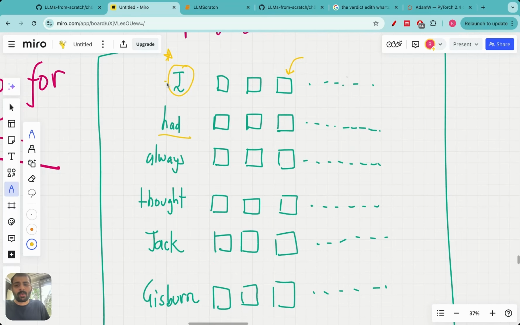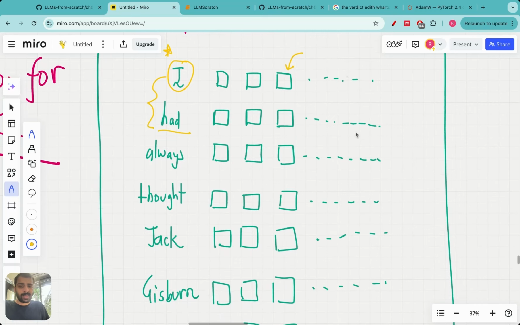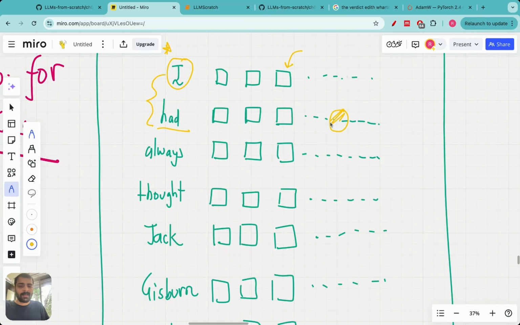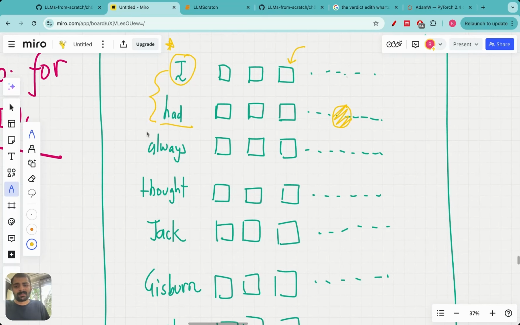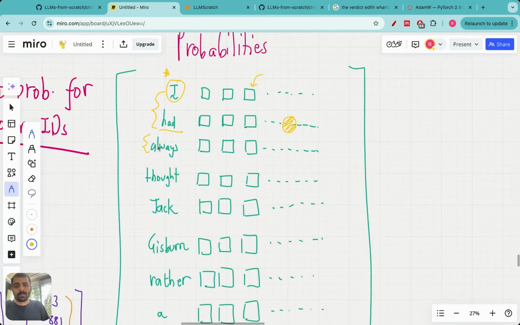Similarly, when you look at the second row, "I had" is the input. If the LLM is trained, the token which has the maximum probability should correspond to "always", because when "I had" is the input, "always" is the output.